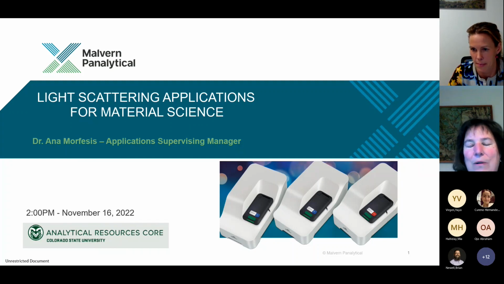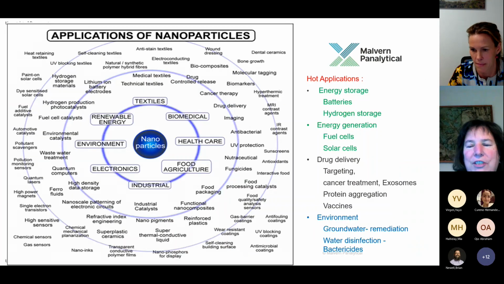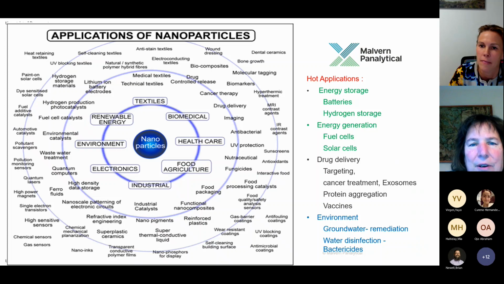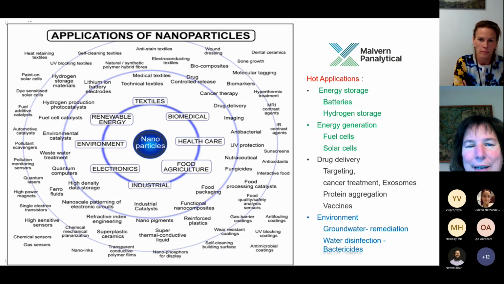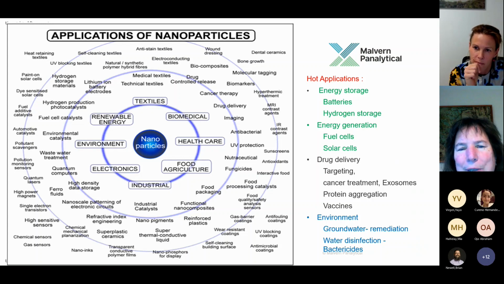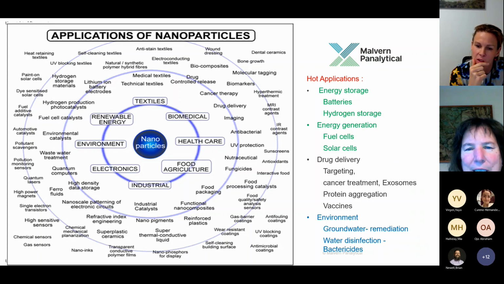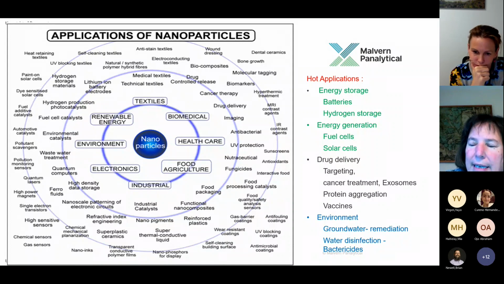Anyway, so I started off with a broad brush approach for just the concept that there are really a lot of different applications for studying nanoparticles, nanomaterials. And the really hot application areas that we see, I mean, we sell light scattering instrumentation, some microscopy methods, and a variety of scientific instrumentation to characterize materials.